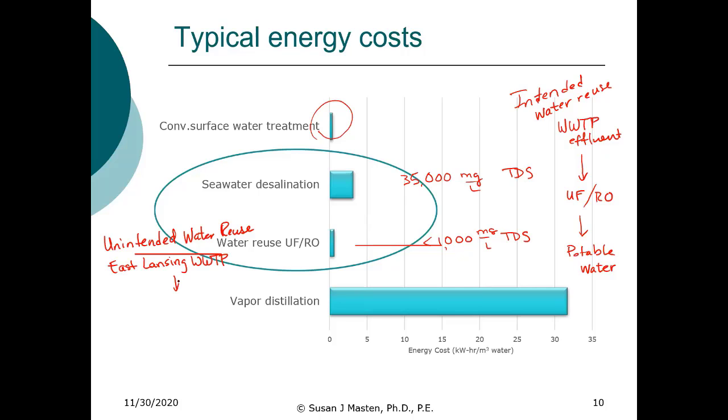You have the East Lansing wastewater treatment plant. Where does the effluent go? Into the Red Cedar. To the Red Cedar. And where does the Red Cedar go? Does that go to Grand River? Mm-hmm. And where does the Grand River go? Lake Michigan. Lake Michigan. And who uses Lake Michigan water for drinking water? Some West Coast cities.